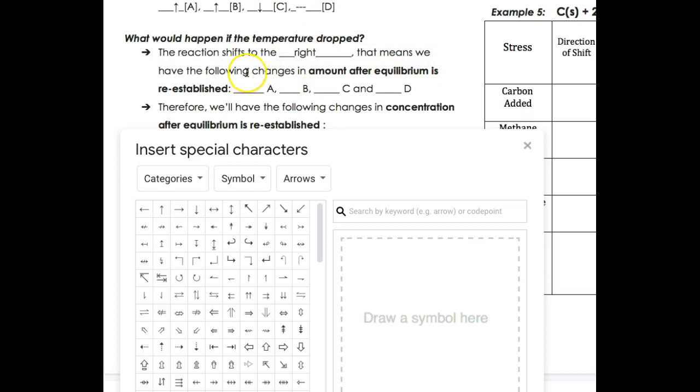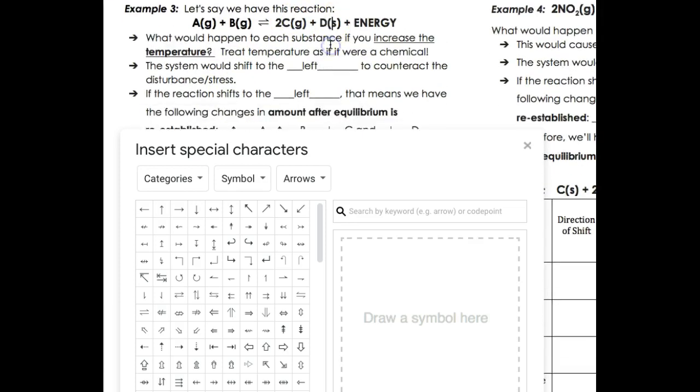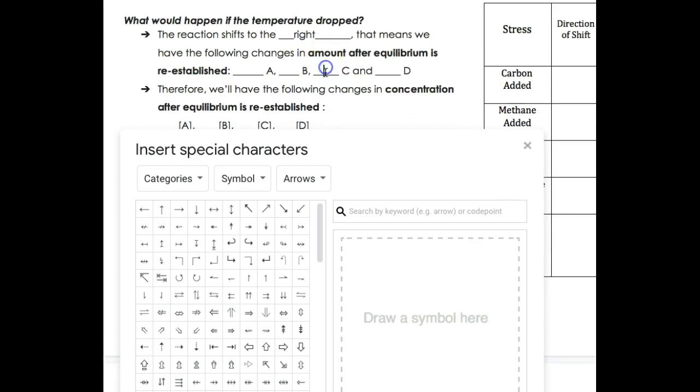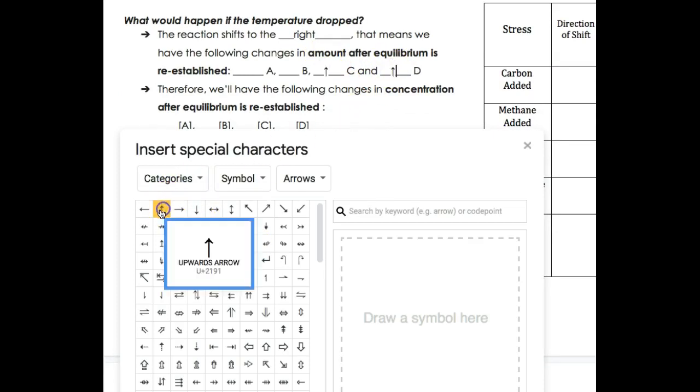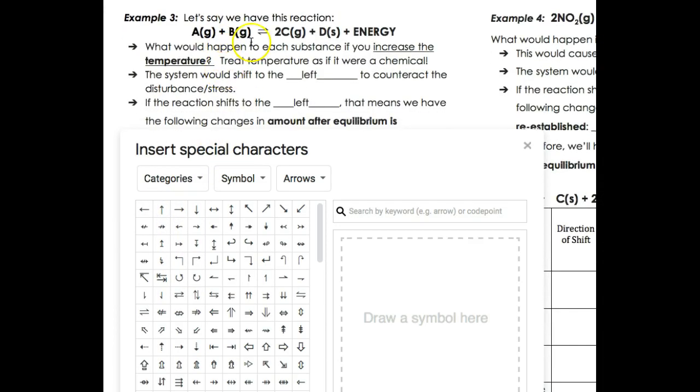That means we have the following changes in amount once equilibrium is reestablished. If it shifts to the right, we're going to have more C and more D. And then you're going to have less of this, because a shift to the right means you're consuming this.